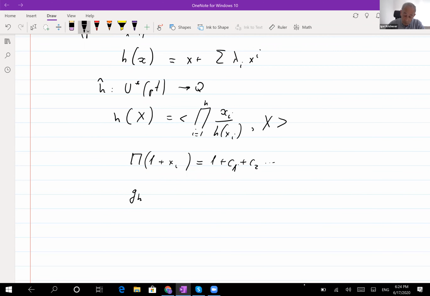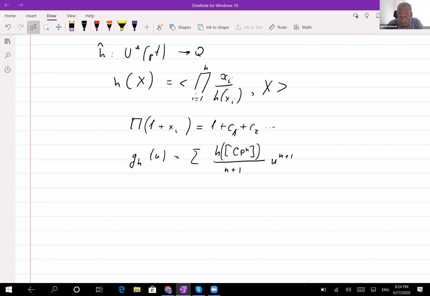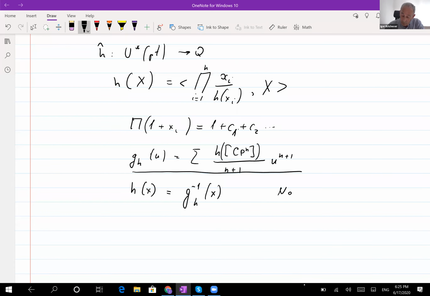So the logarithm of this new formal group is the sum: we take the formal group of the geometric cobordism, apply H to the classes of CP^n, divide by n plus 1, u^(n+1). And this is the logarithm of the formal group associated with H hat. And it was an observation by Novikov that H, which is a formal series here, is nothing but the inverse series of g. So that is Novikov's observation.